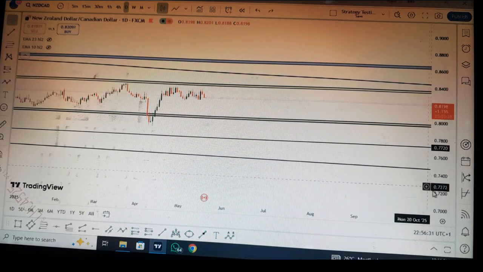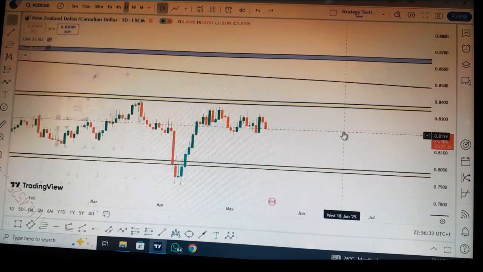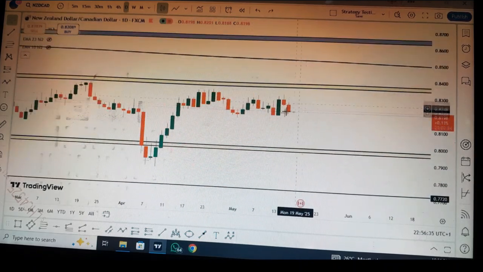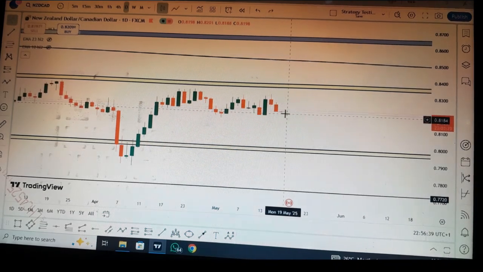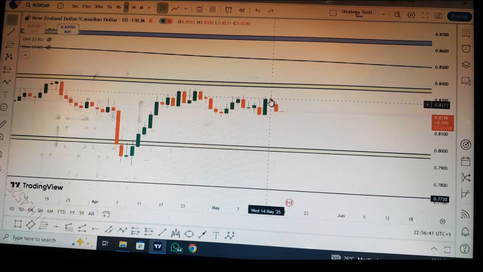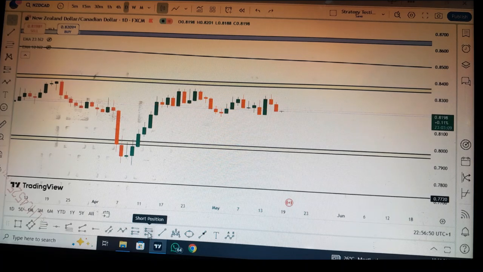So coming to the daily time frame, let's see the buyer. You can see we have this inverted hammer, which looks like a shooting star anyway. We have it here, then we have an engulfing candlestick that follows. So it means right from here I can take this daily time frame.